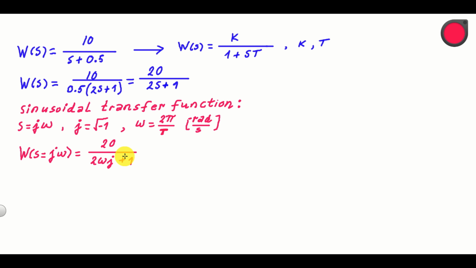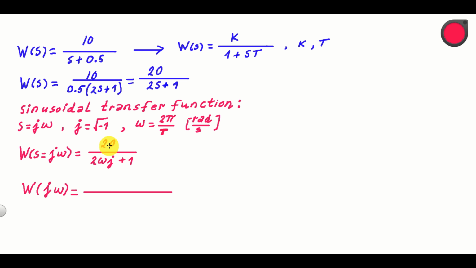The next step is to transform this transfer function into the polar form. That is, to derive the polar form of this transfer function. So how to do that? Let's write it over here. W, now instead of s we will write j omega. And to derive the polar form, we will need to express the complex numbers in the numerator and the denominator in the polar form.